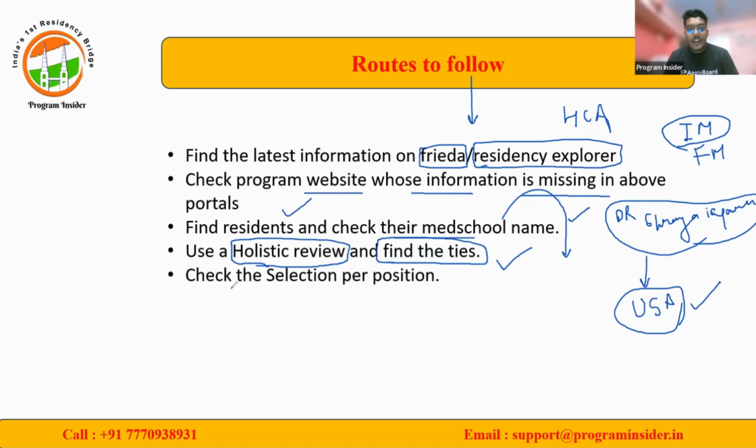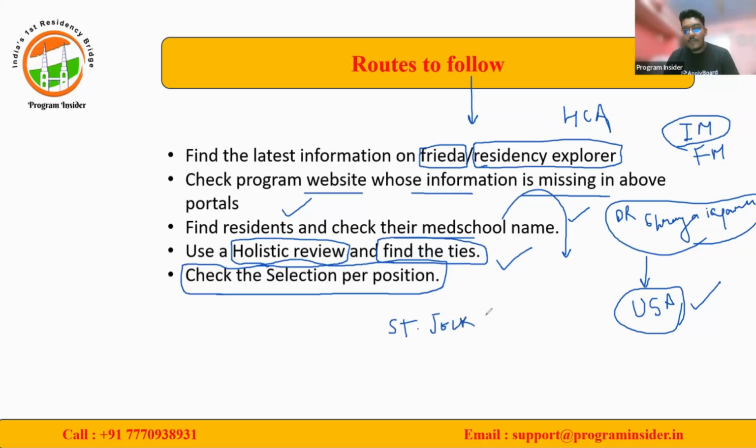And later on, check the selection per position. This is a new thing that is also important. There are a lot of programs. Last year I learned this. There's a program called Saint Joaquin. You can check the Saint Joaquin program in California.